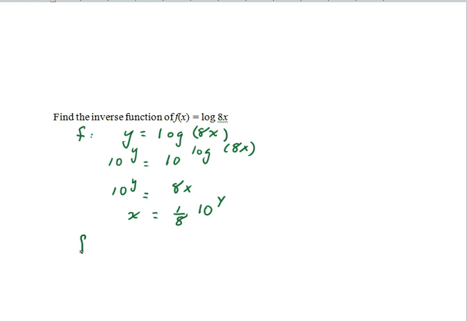So f inverse will have the equation y equals 1/8 times 10 to the x. And this is also what is called f inverse of x.